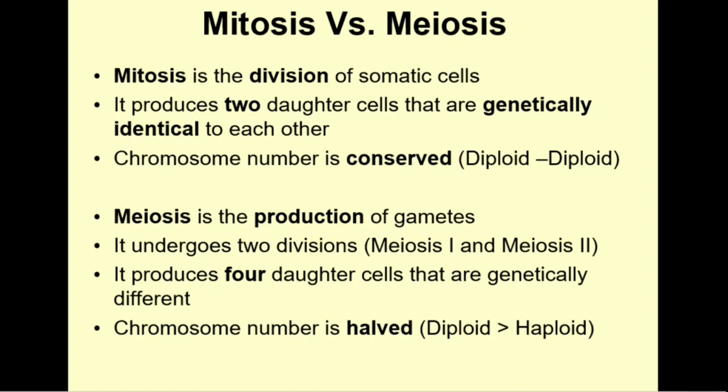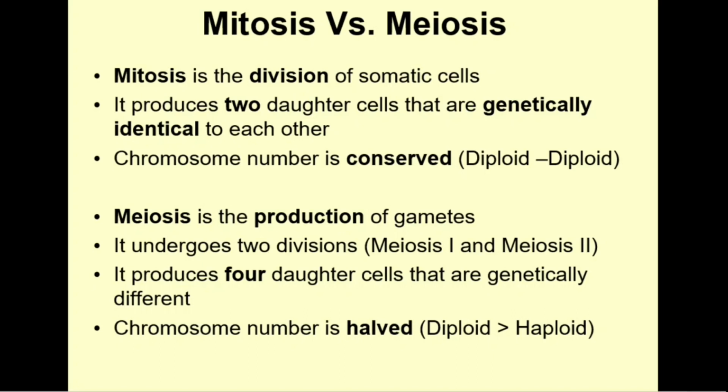There are three specific places within meiosis, three stages, where genetic variation is introduced, and I will highlight these as we go through. As I've mentioned previously, during meiosis the chromosome number is halved.